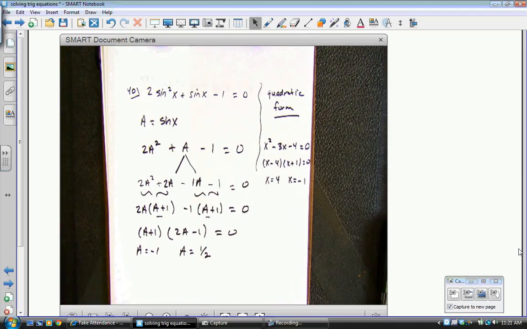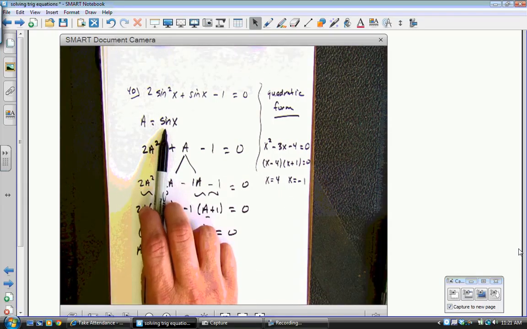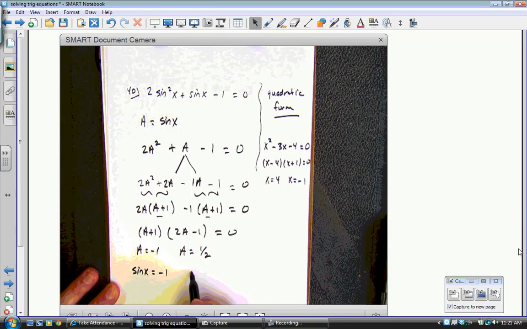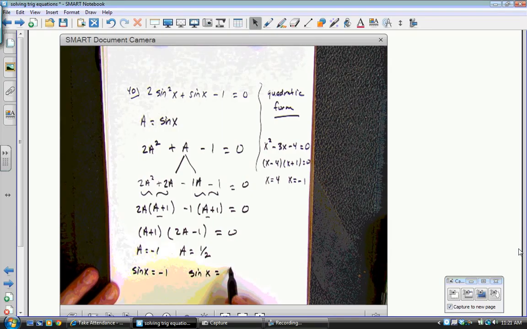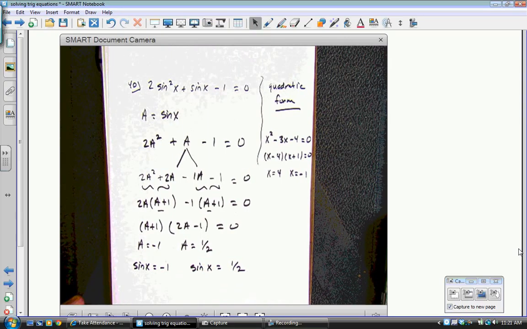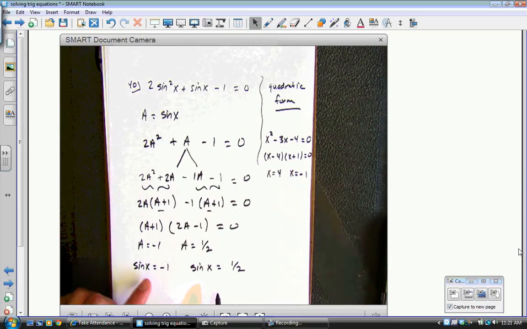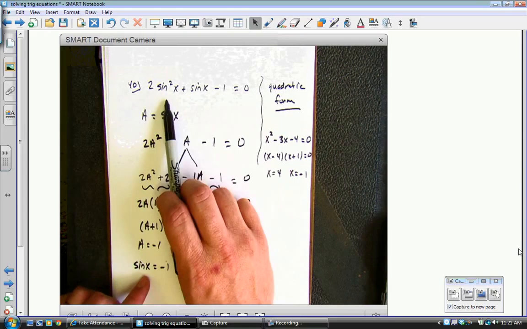Now, that's the algebra form of it. Now we've got to go back and solve the trig form. So what was a? Sine x. Okay, so now we get sine x equals negative 1 and sine x equals 1/2. Now notice what they don't have on these that makes them real nice. They don't have coefficients on x, do they?